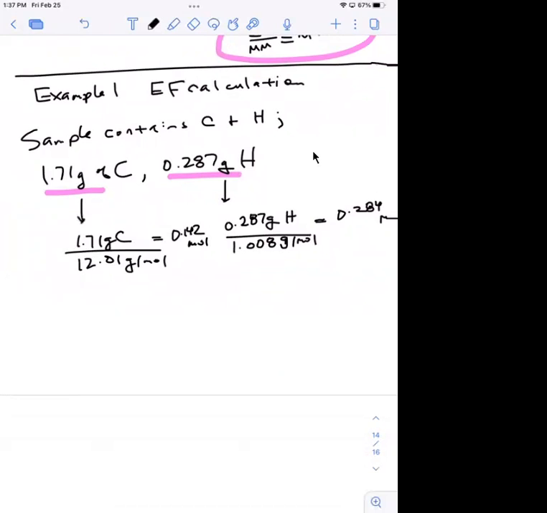So the way to calculate this is the given mass divided by the atomic mass. This is in grams per mole, and this is in grams. Oh, I'm sorry, grams, my bad. So grams over grams per mole is going to give you moles.